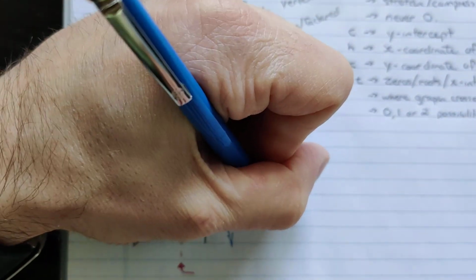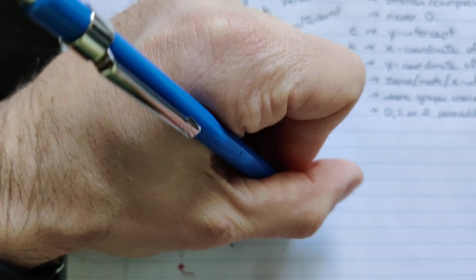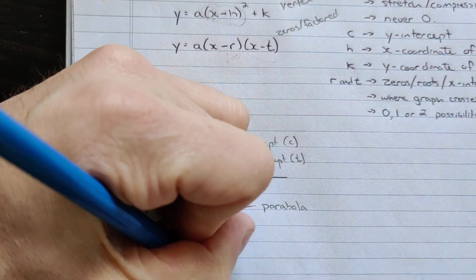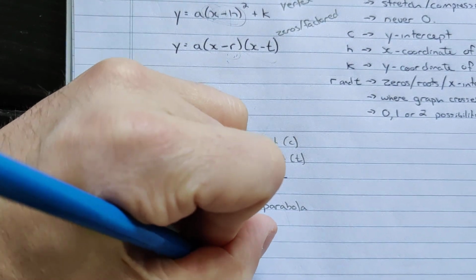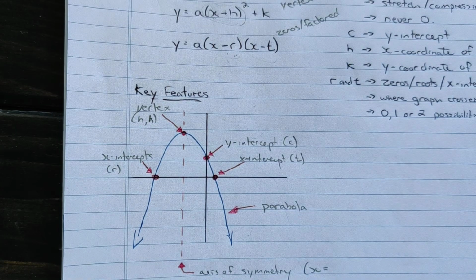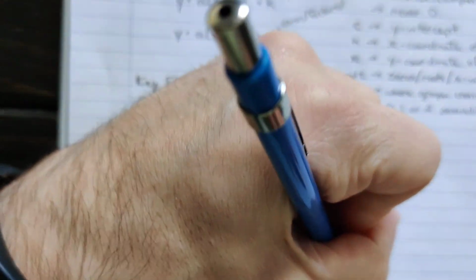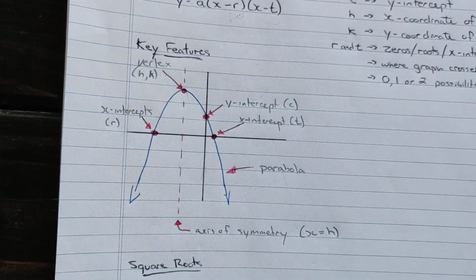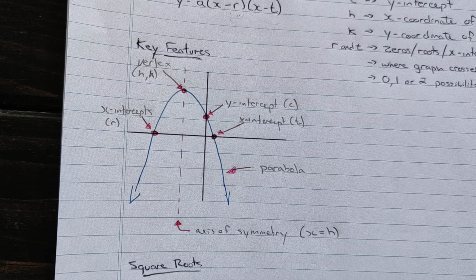So this whole graph here is called a parabola. It is a symmetrical U-shaped graph. Why is it symmetrical? Because we have this axis of symmetry found at the location of x equals h, h being the h value of the vertex. x equals h means that we have a vertical line going straight down the graph. And we have that old school idea from grade 6, I believe.